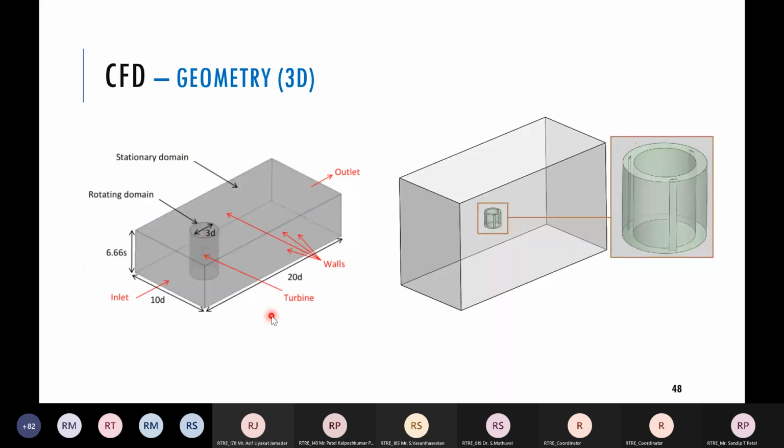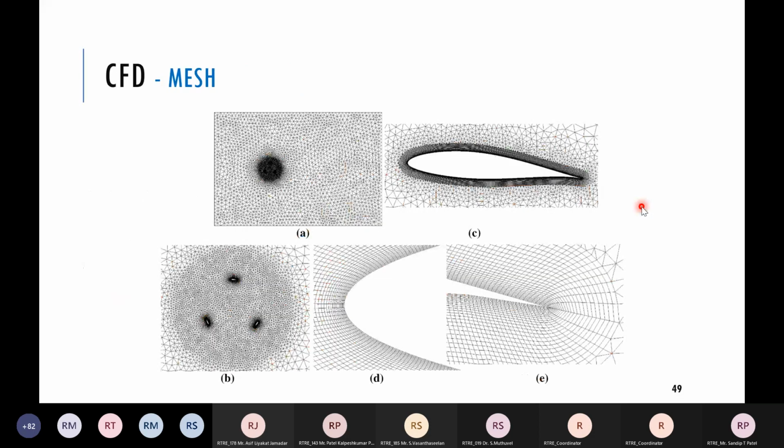Same thing in three dimensions, you can define a cylindrical as well as a ring domain like this. Now, it is important that you create a very fine mesh. So the finer the mesh, the more the elements, the more the computation time. So there is always a catch where to stop.